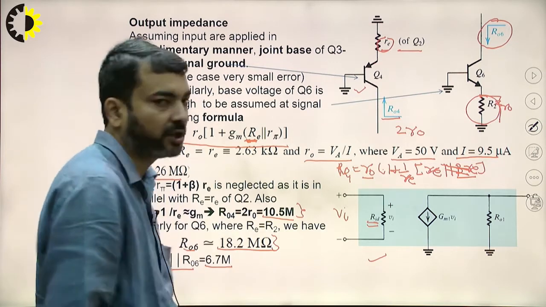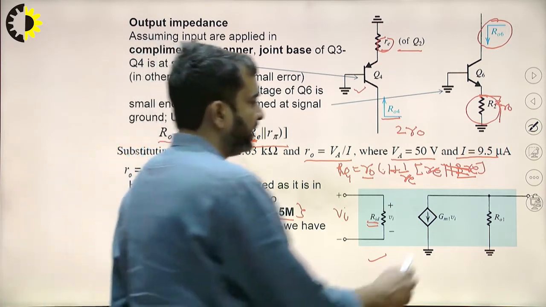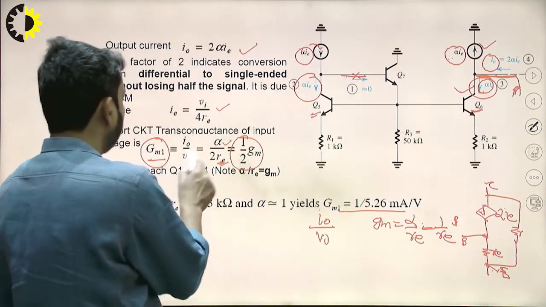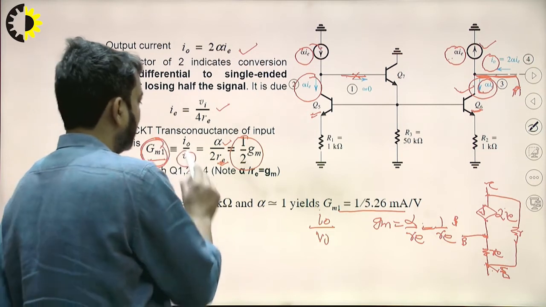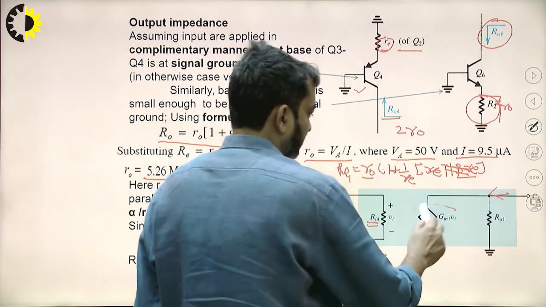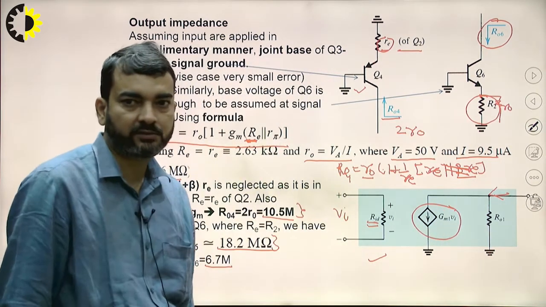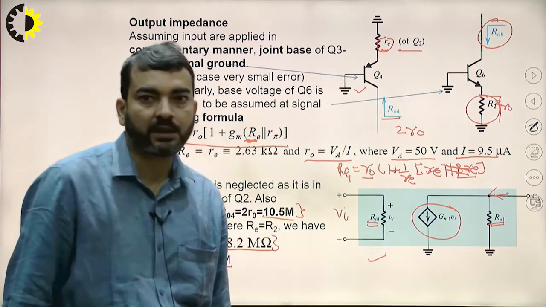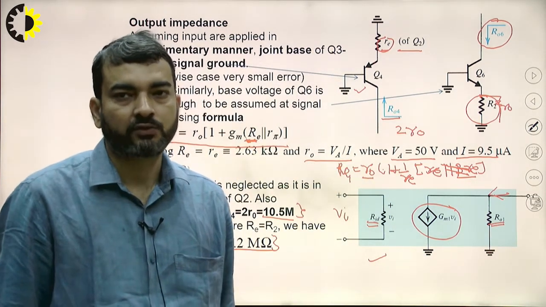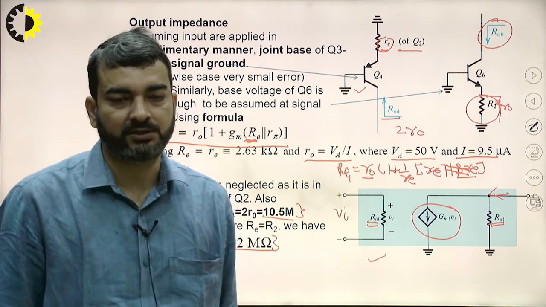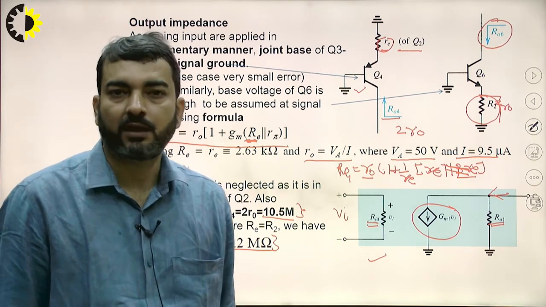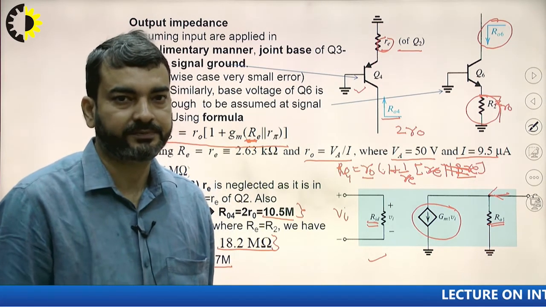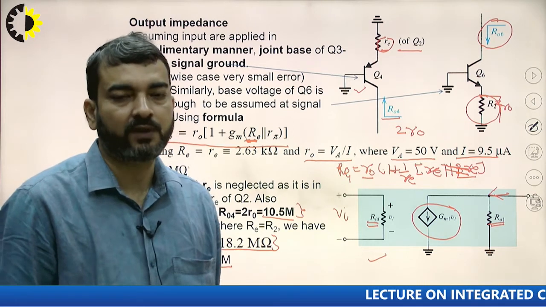We have calculated the short circuit transconductance, so the current I0 is nothing but GM1 V1, this dependent current source, and then the output impedance of the first stage, which is written as R01. So we have calculated all the required 3 parameters: input impedance, output impedance, and short circuit transconductance of the input stage. Now we will perform the same analysis for the gain stage.